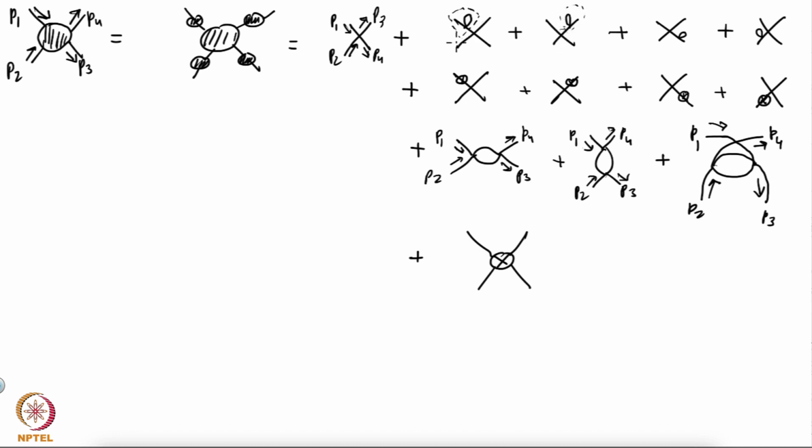But the divergences in this are cancelled by divergences in this diagram. So these two together cancel the singularities pairwise.